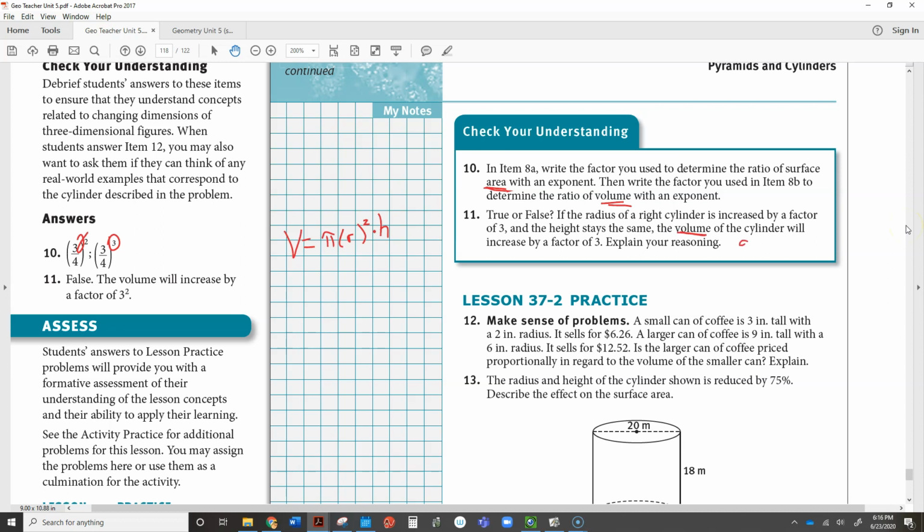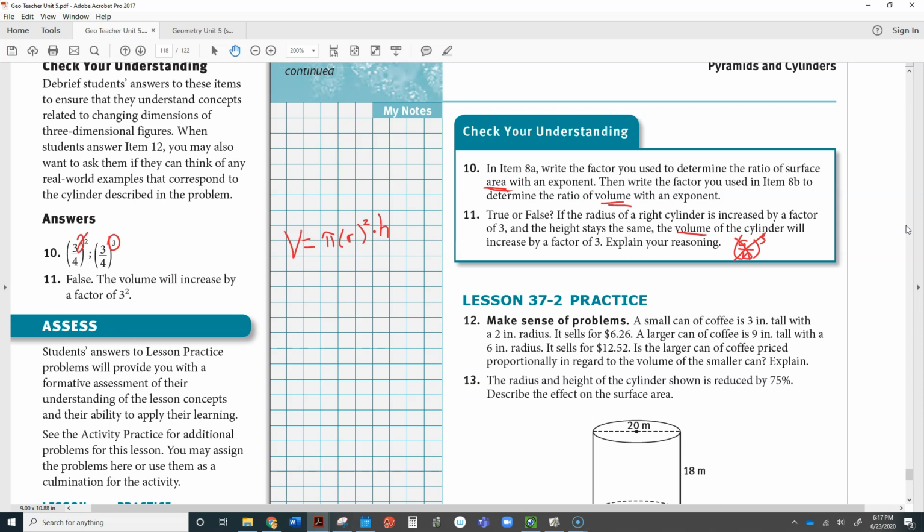This will not be a over b cubed. And the reason it will not be that is because all parts of the cylinder would have had to have changed. The radius would have had to have changed, and the height would have had to have changed by a factor of 3. Then it would have been this one, right? It would have been that we would have cubed it, but it didn't.